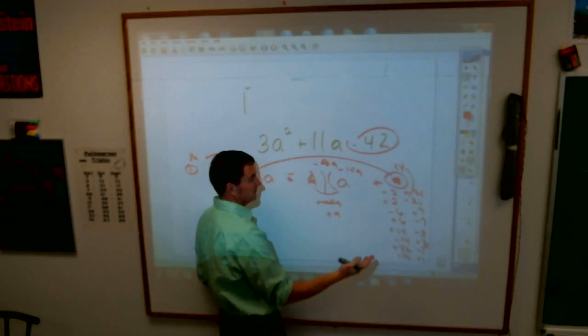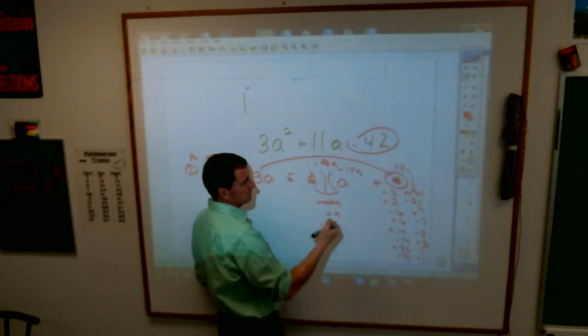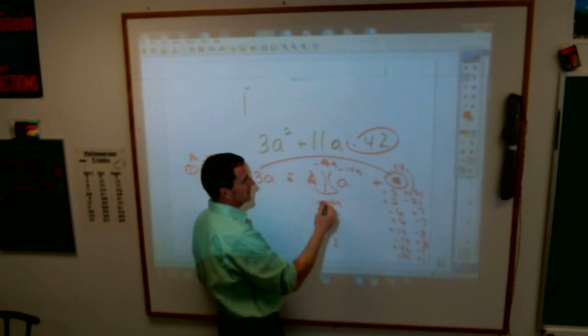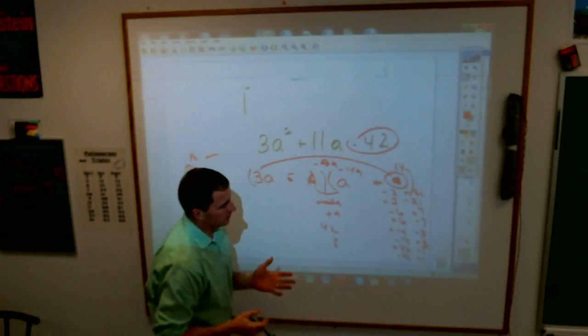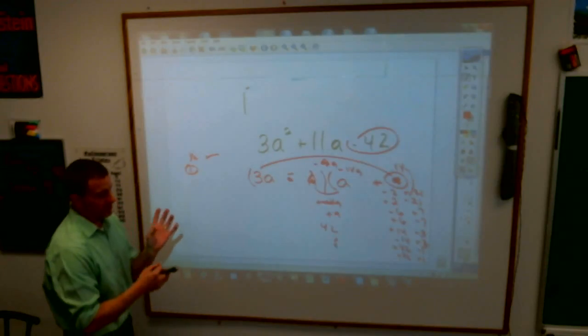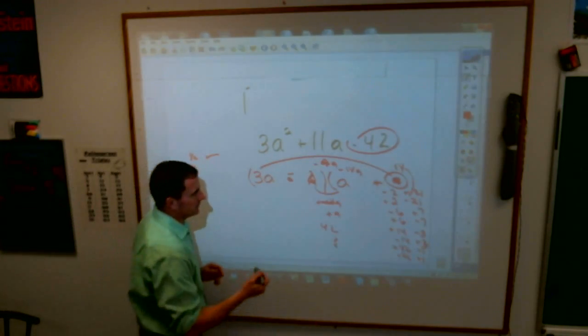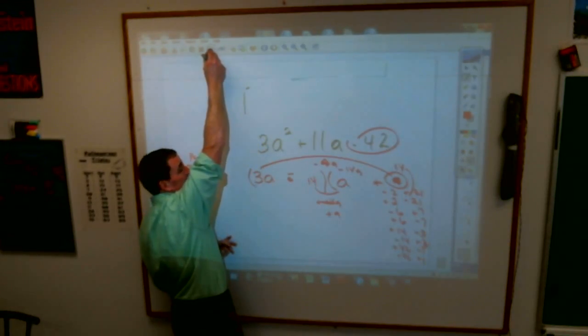Then you got to try the positives and negatives. 14 times 3 is 42. Can I get an 11 with a 42 and a 3? No. So you really don't have to do all that, because you can kind of figure out what's close to it. I would probably go with the 6s and 7s. It takes a little bit of thought, so it goes a little quicker than I just did.